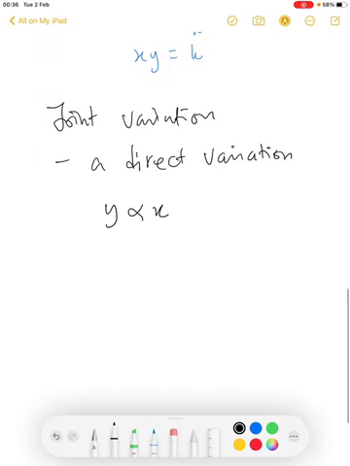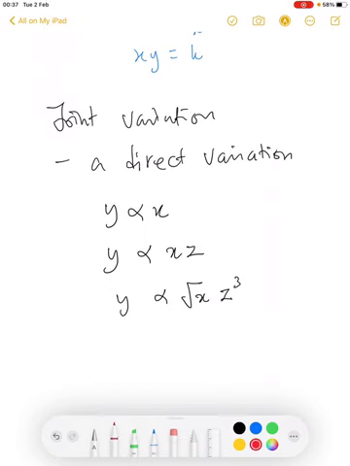For example, y directly proportional to x and z, or y directly proportional to the square root of x and z cube. So examples of joint variation are these two.